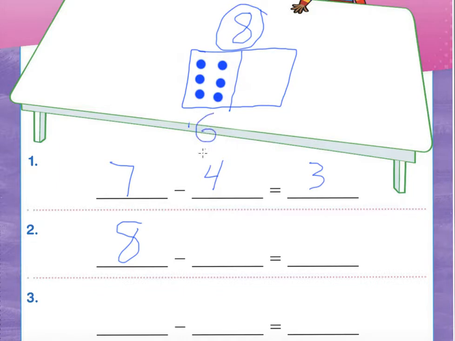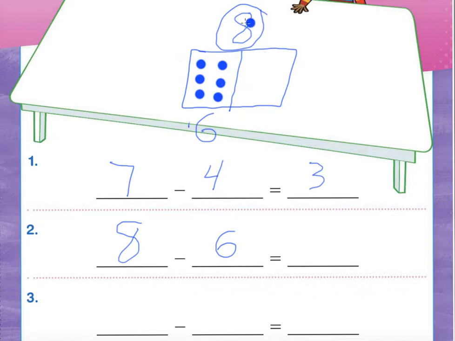That's the part that we know. So let's write down 6. So now we made a number sentence that says 8 minus 6 equals a number we don't know. We don't know this part yet. So we have a whole minus a part. It's going to give us another part.